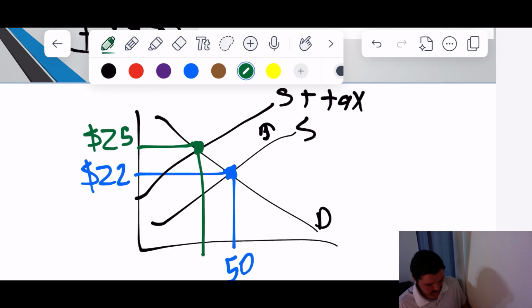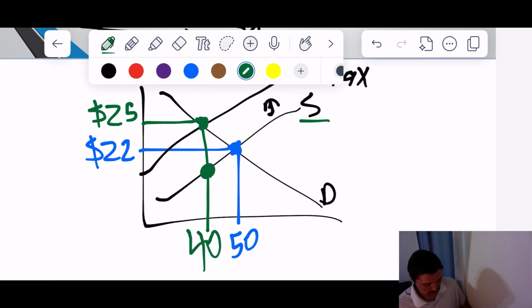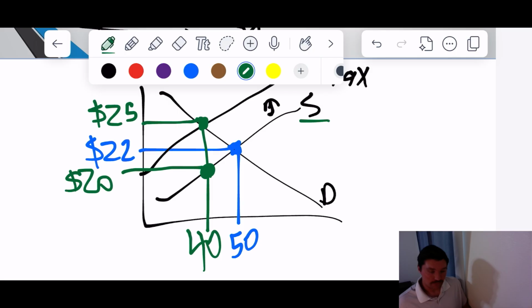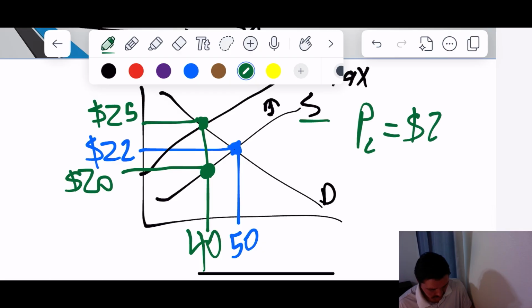Okay? This right here on the supply curve, right? At this quantity, let's call it 40. So they're now selling 40 t-shirts, and on the supply curve, we're going to show here that $20 that says it on the tag. Right? So what we have here is the consumer price, let's call it PC, is now 25. The tax is 5.